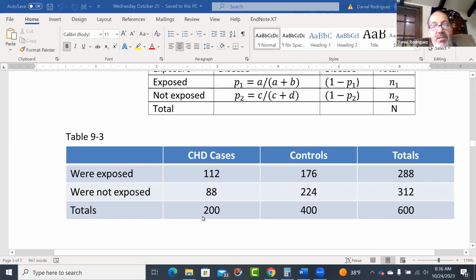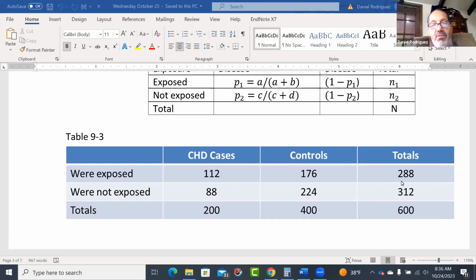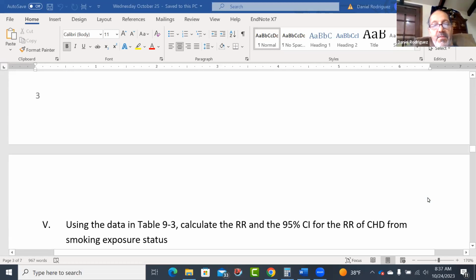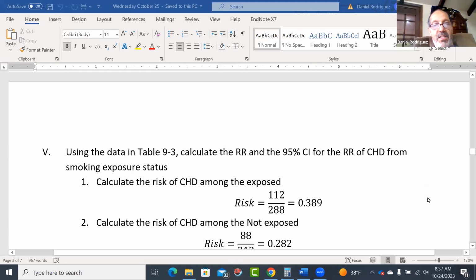So here's an example. Again, we have 288 individuals exposed. Again, I suppose it could be smoking. 312 were not exposed. Out of the 288, 112 got CHD, and then 88 out of the non-exposed are CHD positive, coronary heart disease. So let's go ahead and do the calculation.